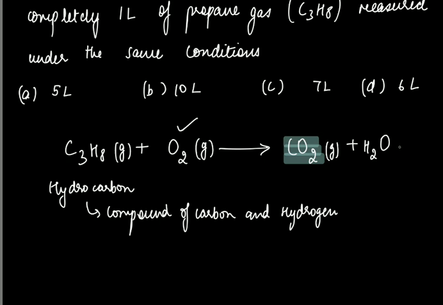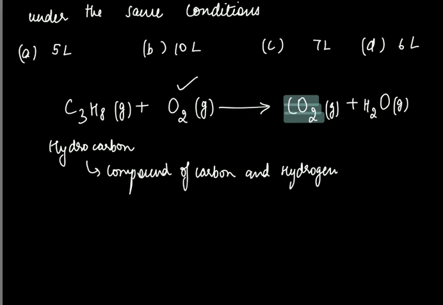Water, because it's a burning process, we can take in the gaseous form, in the steam form, right? Even after cooling, it will change into liquid form, so we can consider it as gaseous water over here. Now, I might have discussed this somewhere in the chemical reactions and equations chapter.